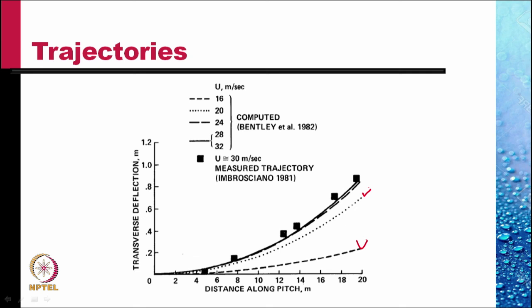Using those drag force coefficients and the side force coefficients, we calculate the trajectories. These square black points represent the trajectory as measured, so the theory presented here does explain the swing of the ball because of a very good agreement with the theoretically calculated results.